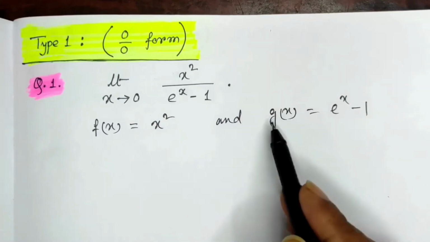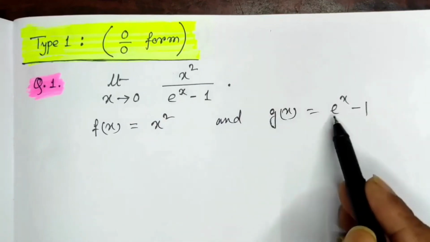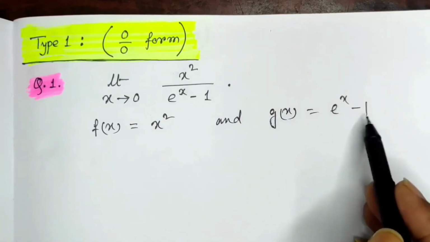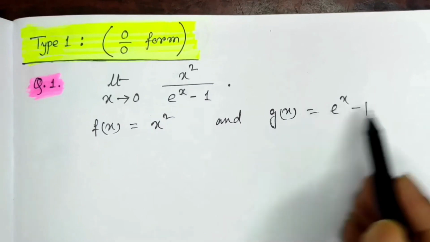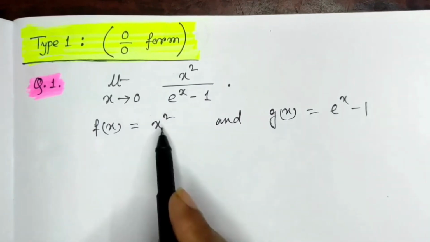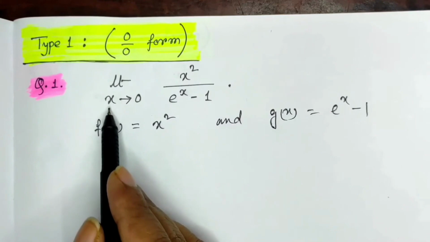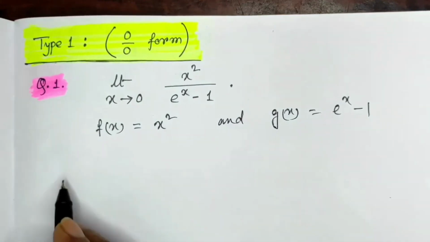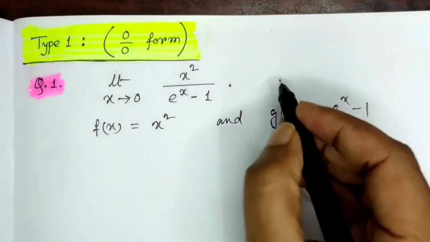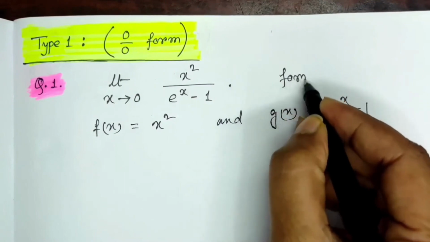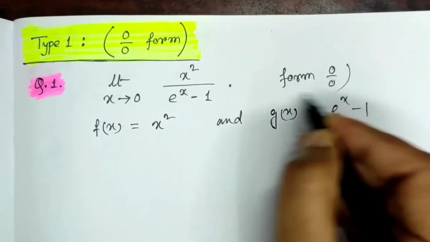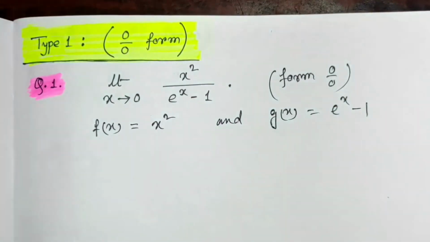Similarly, e to the power 0 is 1, and 1 minus 1 is 0. So this one is 0 and that one is 0 as x tends to 0. So the given limit is in the form of 0 by 0. When we find it is in this form, we identify that it is an indeterminate form of type 0 by 0.